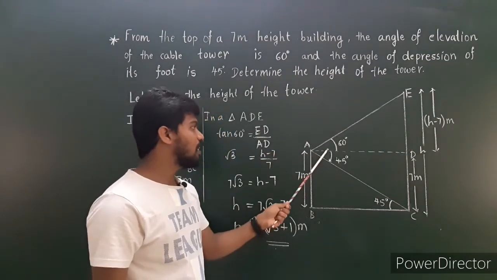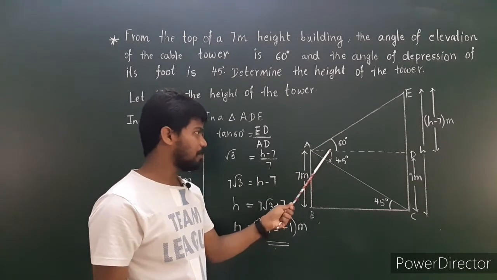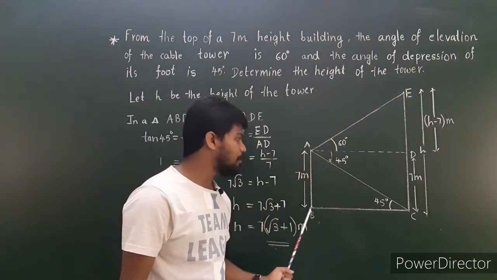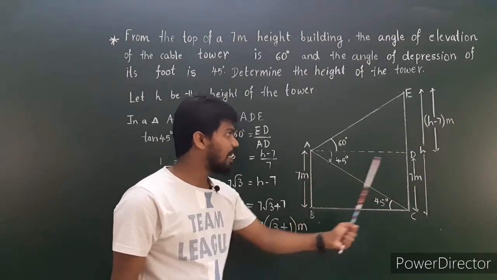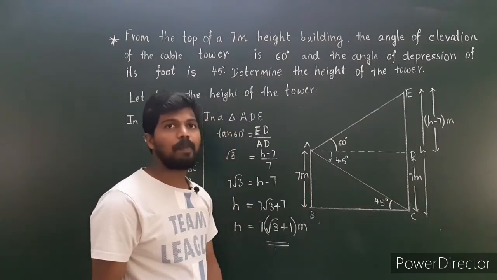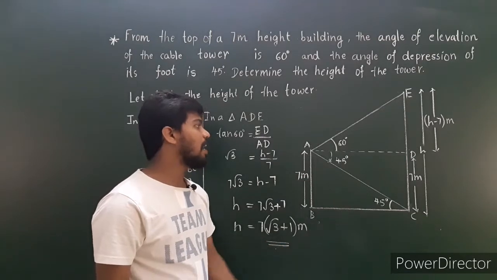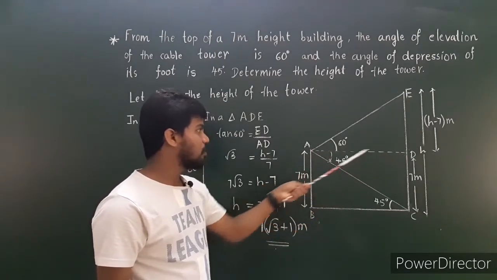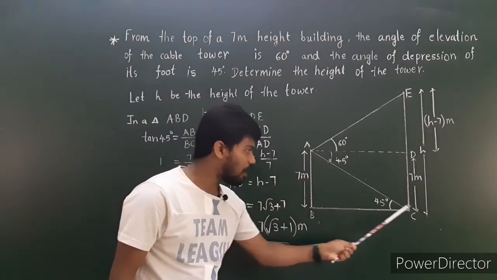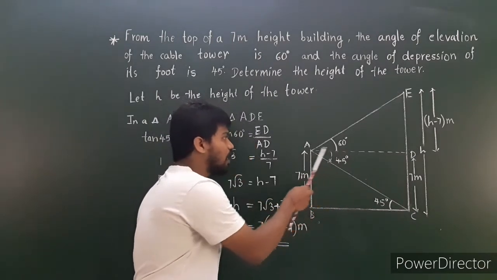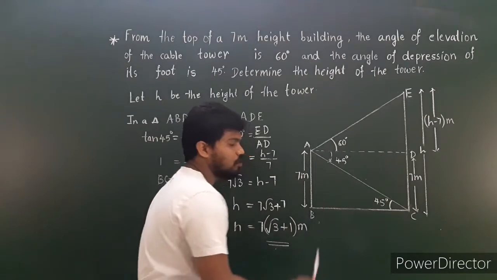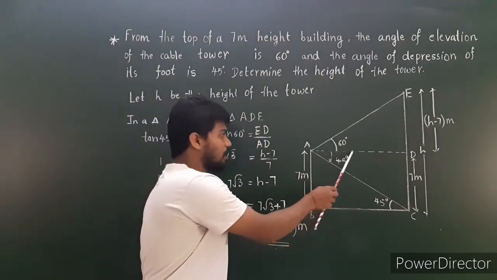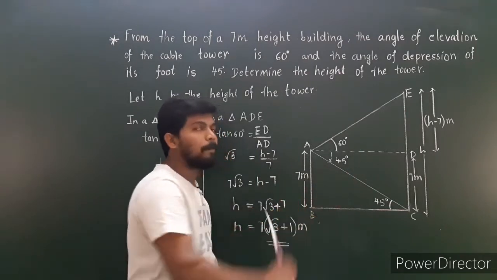So now, you see that angle 45 is here, and the sides AD and BC are parallel lines. Therefore, this angle and this angle are alternate interior angles, and they are equal when both the lines are parallel.